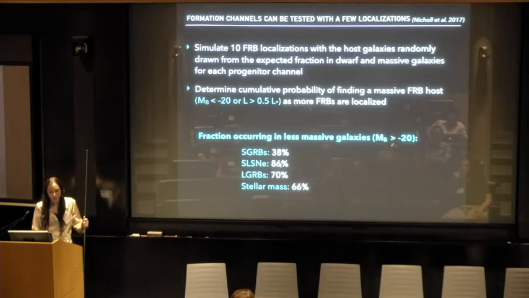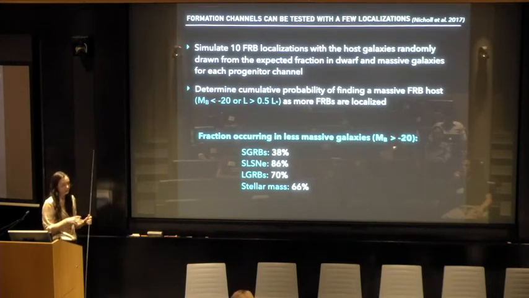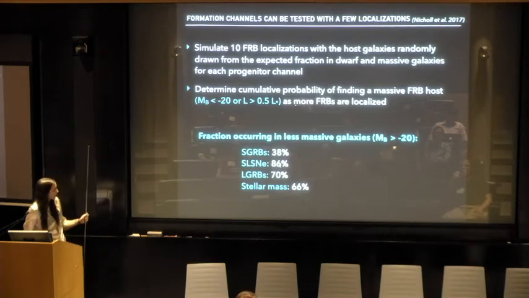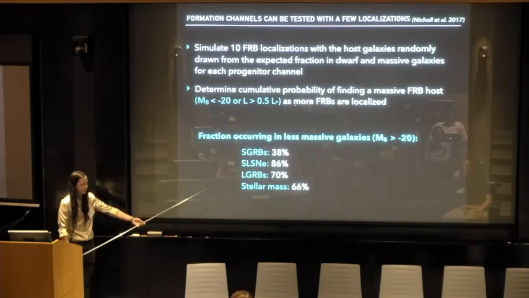This was done by simulating 10 FRB localizations with the host galaxies randomly drawn from the expected fraction that should occur in dwarf and massive galaxies for each channel. I've listed those down here.